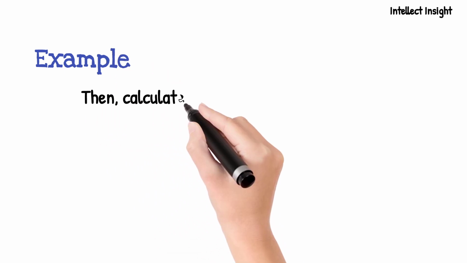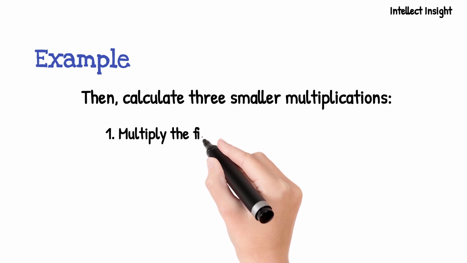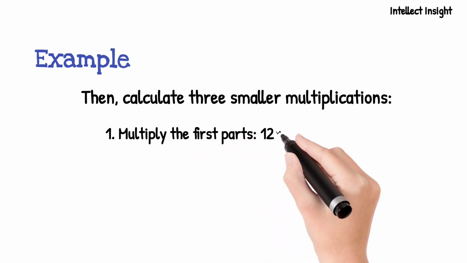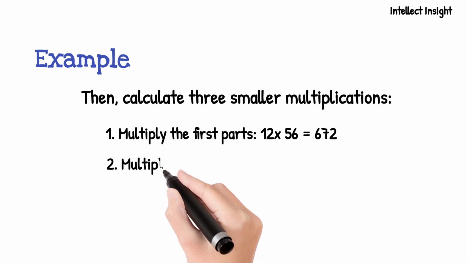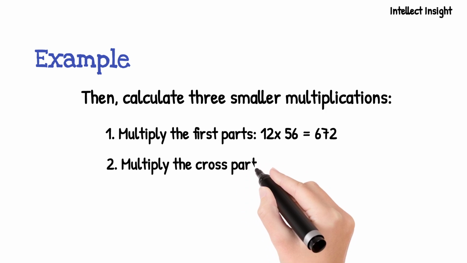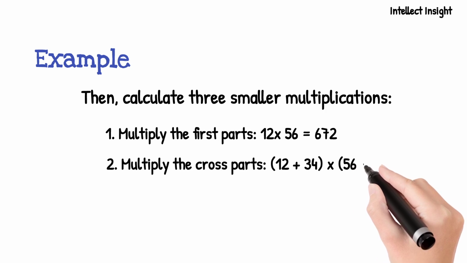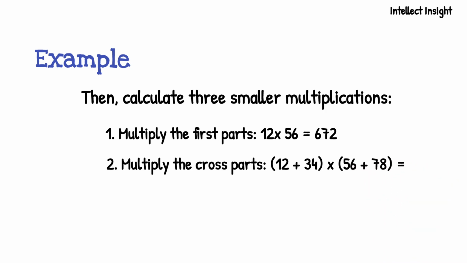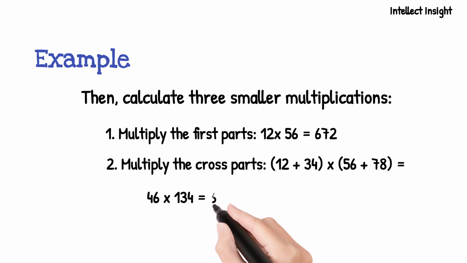Then calculate three smaller multiplications. First, multiply the first parts, which will be 12 cross 56 is equal to 672. Second, multiply the cross parts, which will be (12 plus 34) cross (56 plus 78), which is 46 cross 134, which gives us 6164.